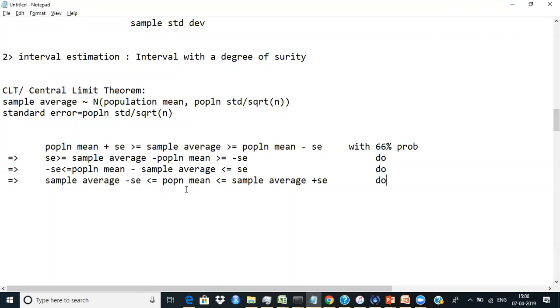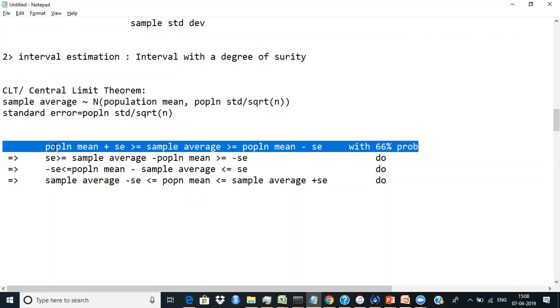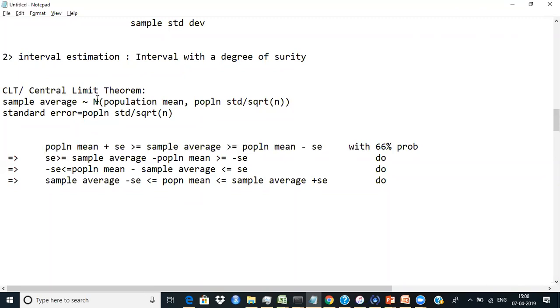So can you please repeat? Yes. Now, tell me which line did you not understand? Are you comfortable with the first line? Can you explain the first line? Yes. I am saying that sample average follows a normal distribution with a mean equal to population mean and a standard deviation equal to standard error.